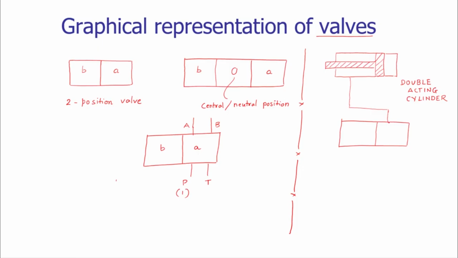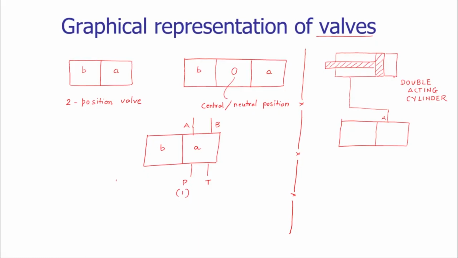The valve should have an application port A, which is connected to the rod side. We also need the discharge of the pressurized fluid at the top of the piston to be taken out to the tank.